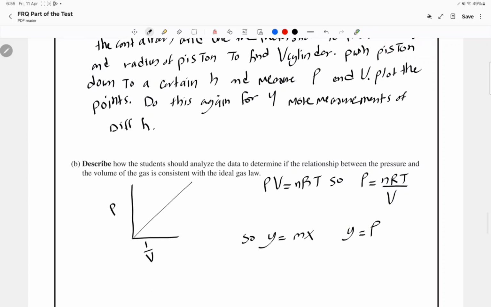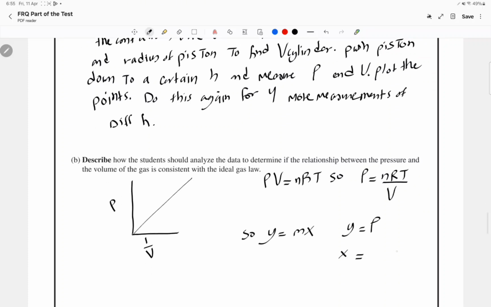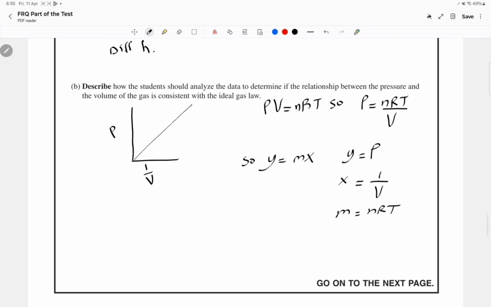Y is the pressure, x is what you're varying, which is 1 over the volume, and the slope is nRT. And that's for a line, right? So you expect a linear graph where the slope is nRT.